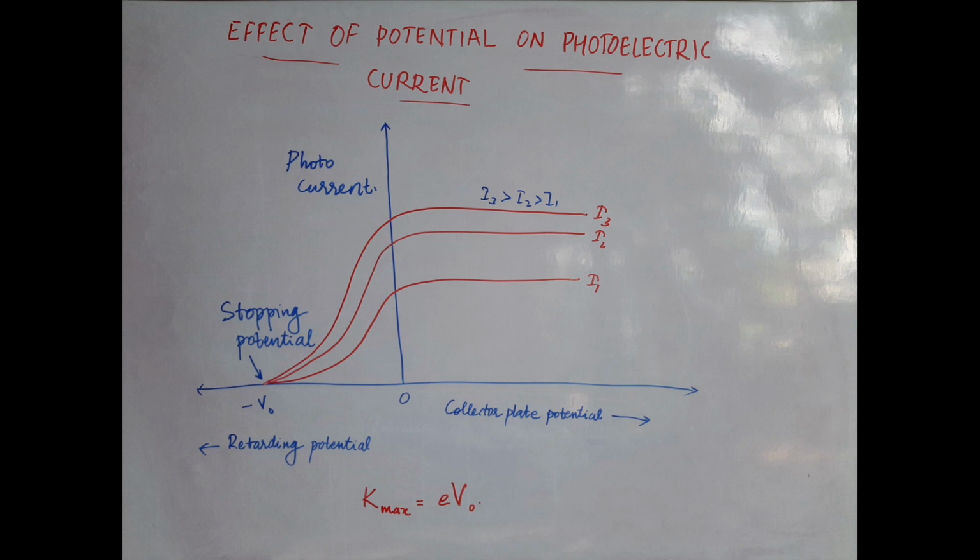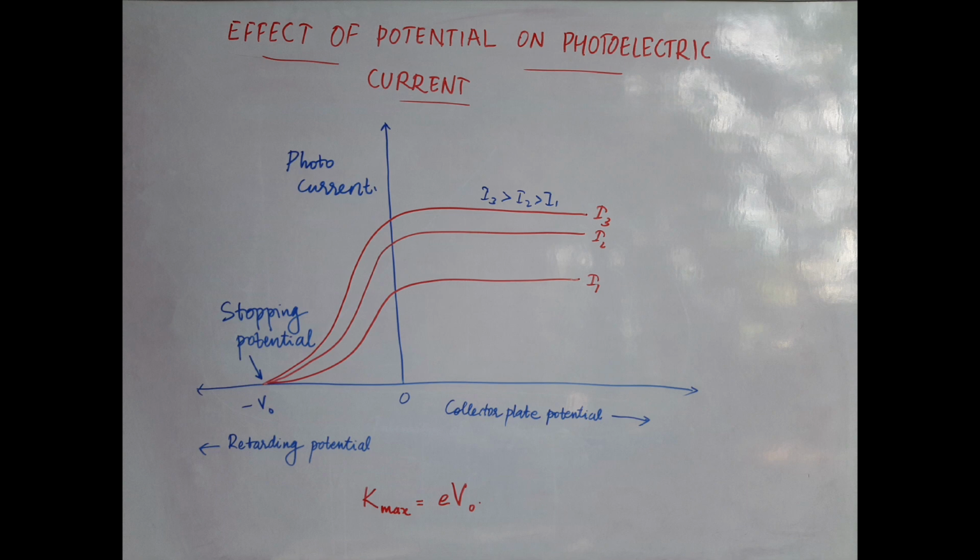Now we know that all the electrons emitted from the metal do not have the same energy. So the number of electrons reaching the metal plate A may or may not be equal. When the photoelectric current is zero, this stopping potential is able to stop the highest kinetic energy electrons.